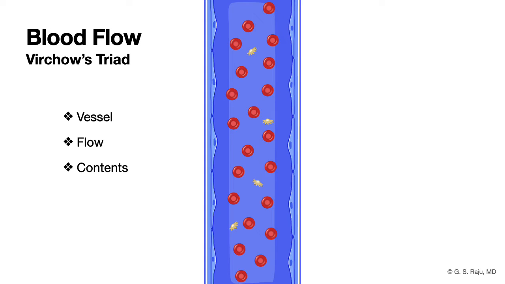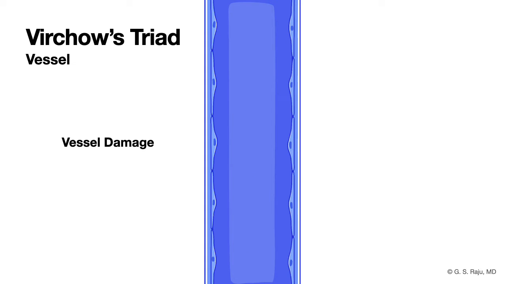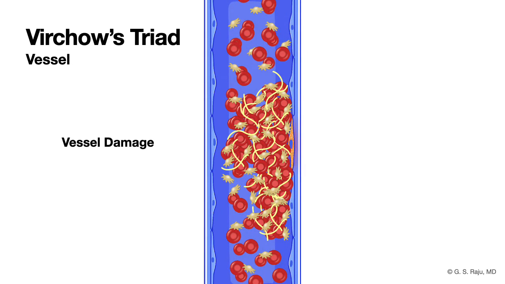So let us review this. First, let us talk about the blood vessel. If it is damaged and results in endothelial damage, it releases tissue factors that result in thrombosis of the blood.